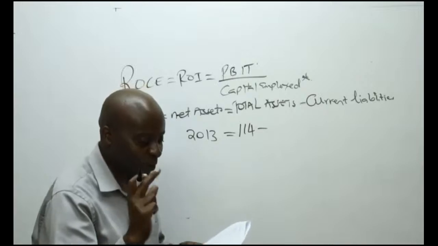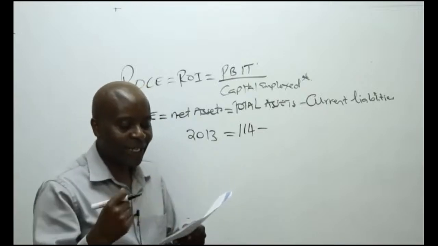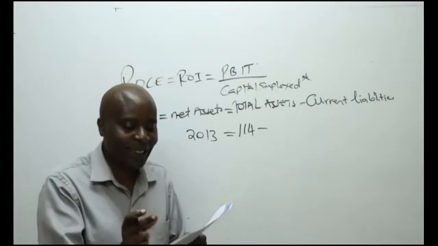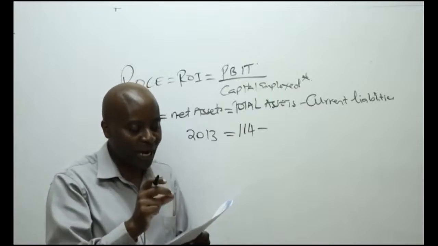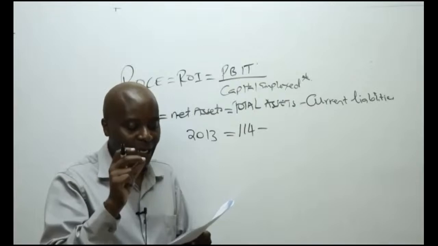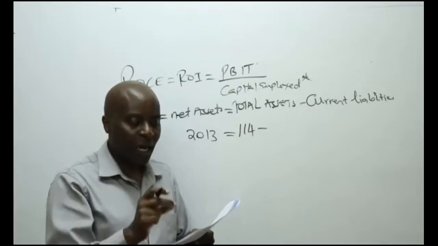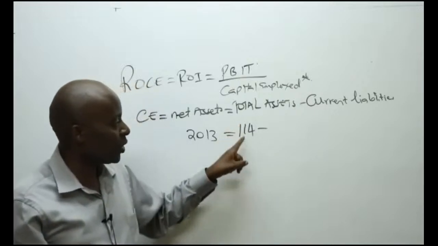How do we get total assets? It's the non-current assets plus all the current assets. The non-current assets in 2013 are 100.4. The current assets, when you add inventory, receivables, and the cash, are 13.6. So 13.6 plus 100.4 gives 114 as my total assets.